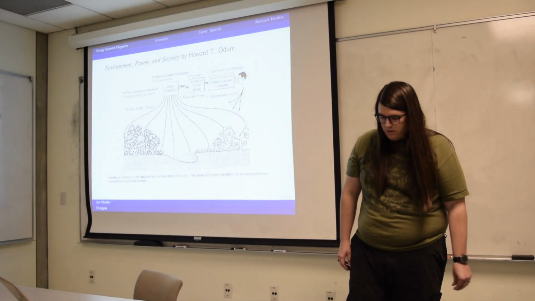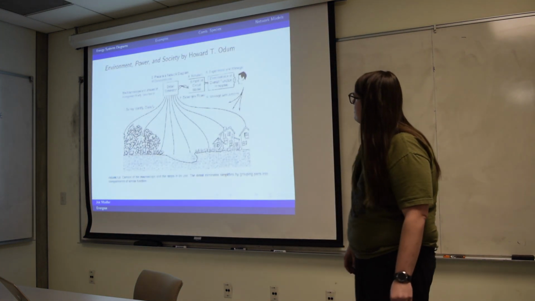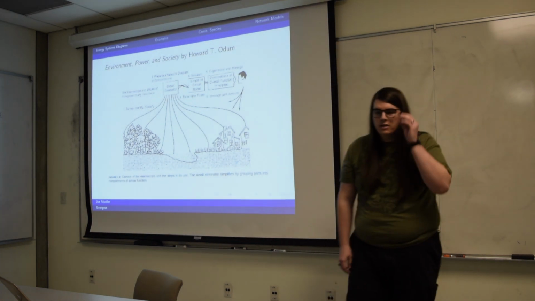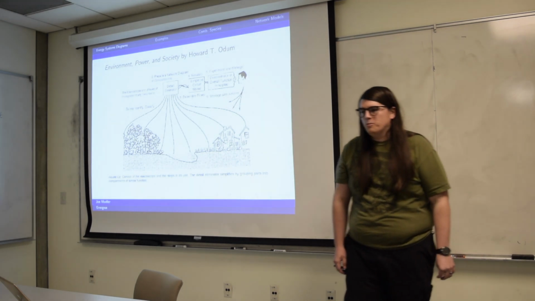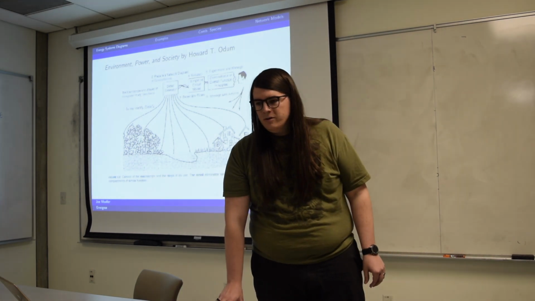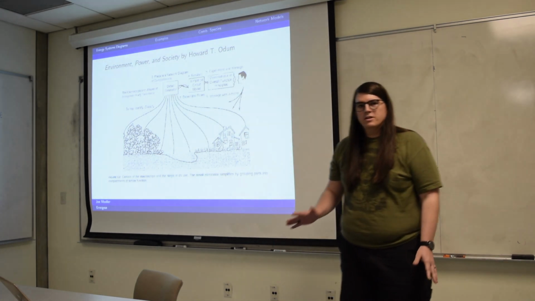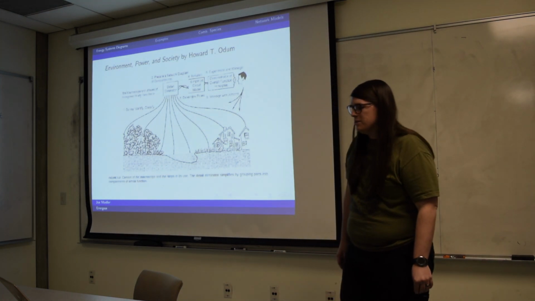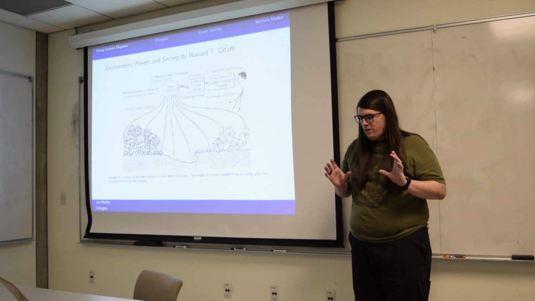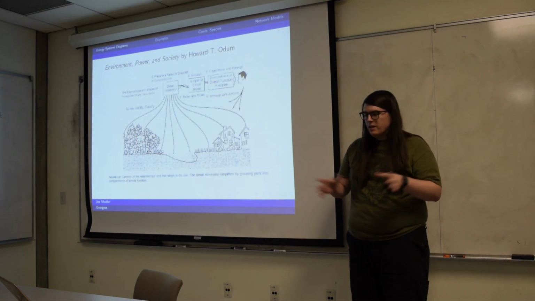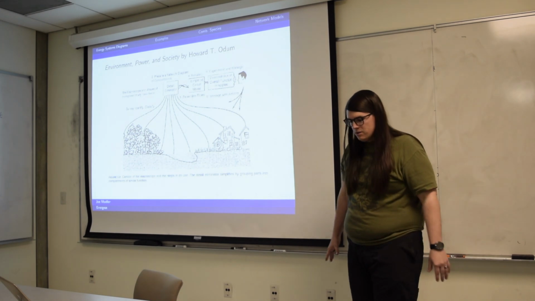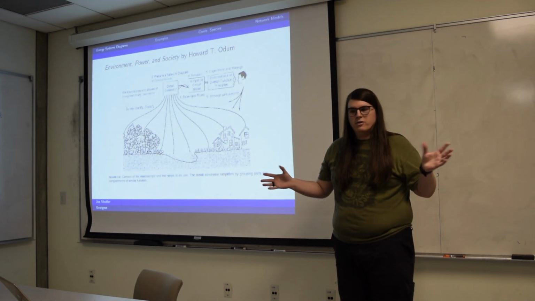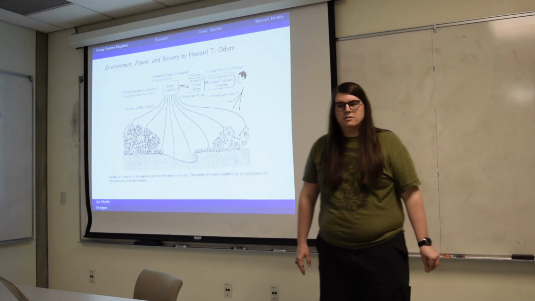So in this book he wrote called Environment, Power, and Society, in the introduction he talks about how Leeuwenhoek invented the microscope, and it opens up our ability to see our world at a different scale, and things that we had no conception of before, and in particular to look at things which collectively combine into things we can recognize.